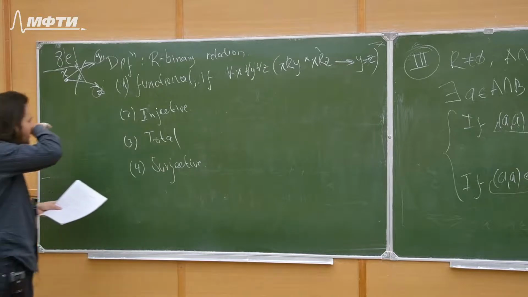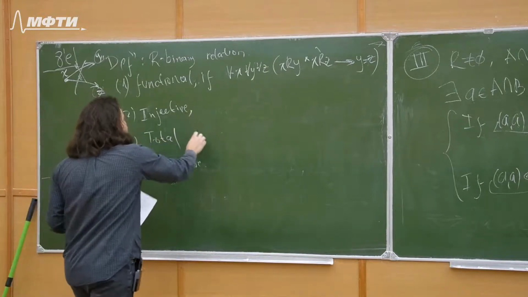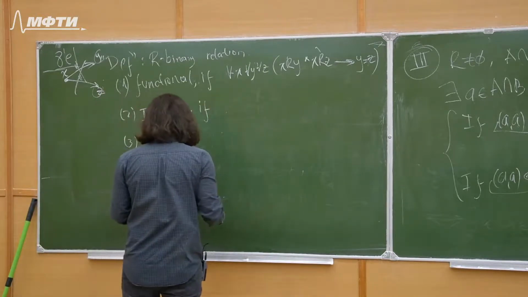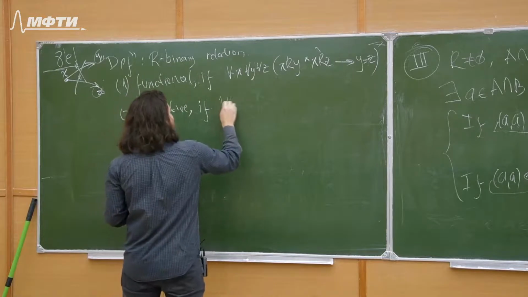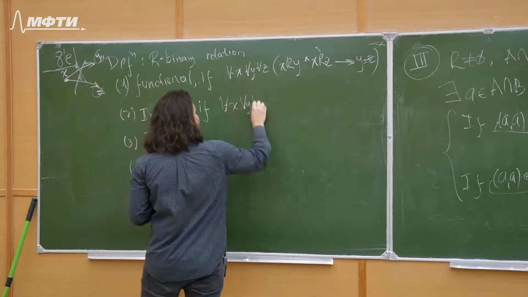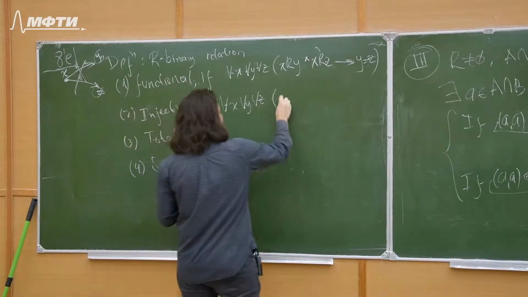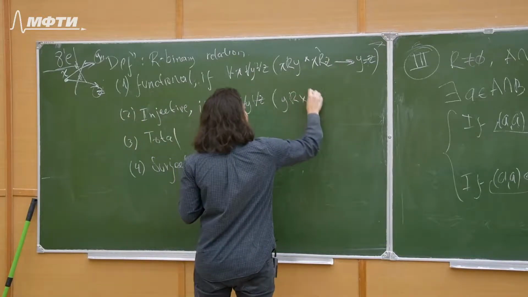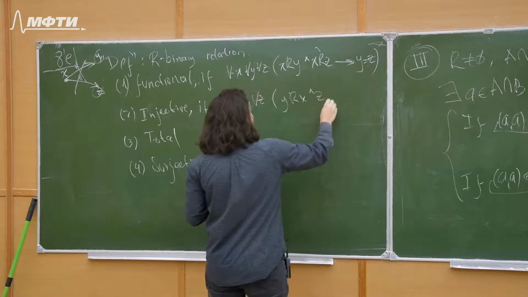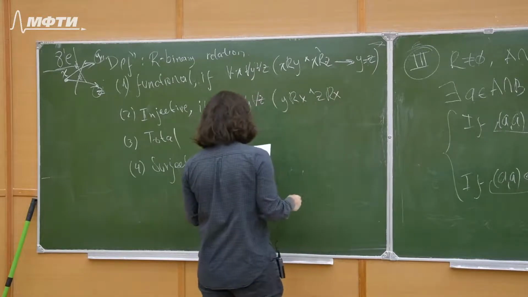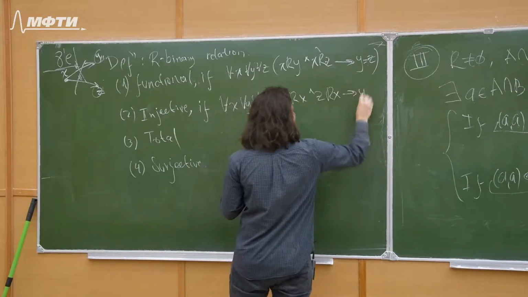Okay. Now, injective: again, for all x, y, and z, if y R x and z R x, then y is equal to z.